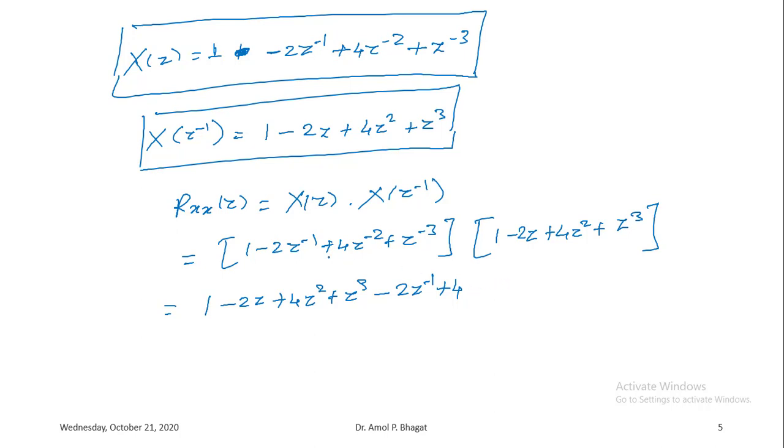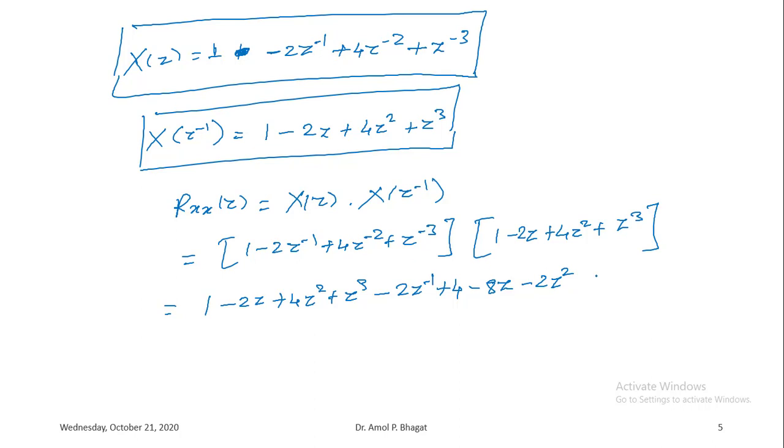Then minus 8z, since z to the power 2 minus 1 will be 1. Then minus 2z square will be there.